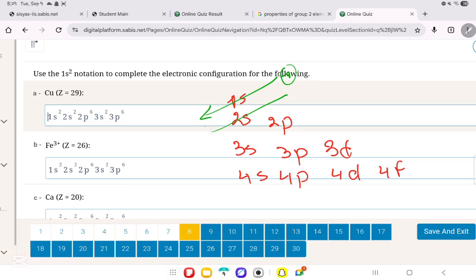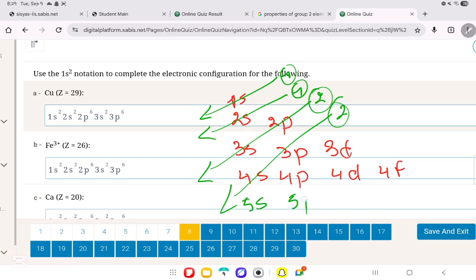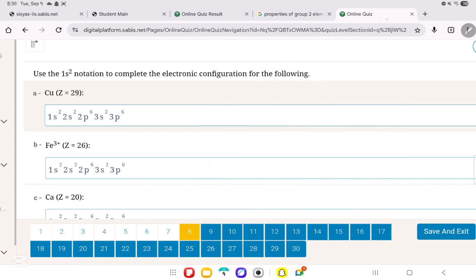This is even, you will take only 1 as well. Then you go to the next one. It's odd, so you will add 1 more. So now you will take 2. This is even now. You will take 2. And then if you continue it, 5s, 5p, 5d, 5f, whatever. Because it's odd 5, you're going to add 1, so 3. This is one way of doing it. This is known as Hans rule. Or sorry, I forgot what it's called, but this is a rule.